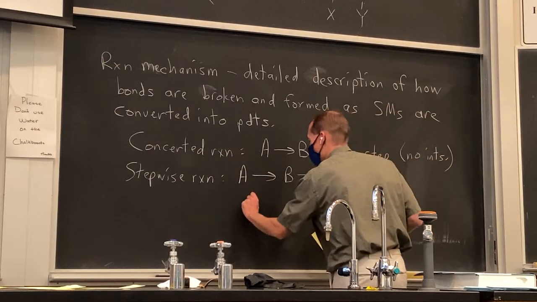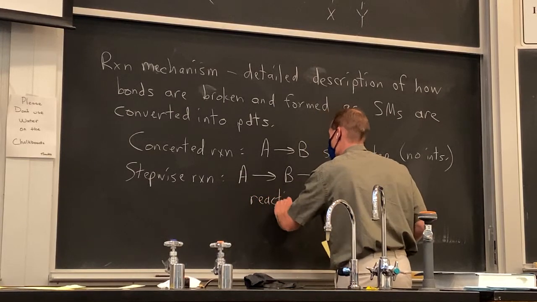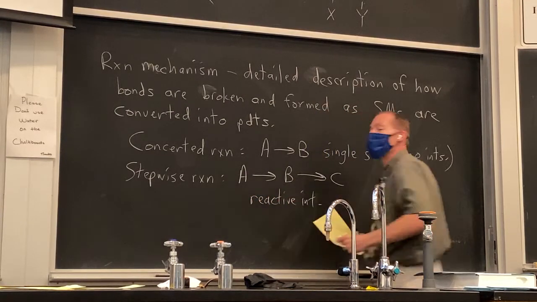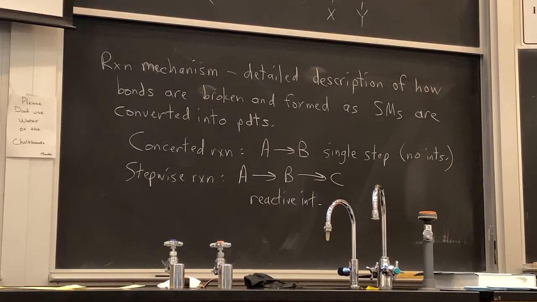And so B would be referred to as an intermediate, or sometimes we call it a reactive intermediate to remind us that B is typically a transient species. It's usually a high energy species. It's usually not something that you could isolate from a reaction, put in a bottle, and store on a shelf. Once it forms, it is then further transformed into the product, and so it usually only exists in your reaction flask for a short period of time. Any questions?